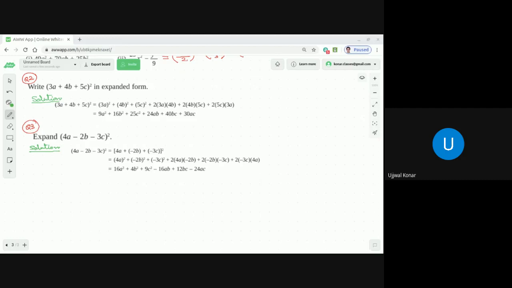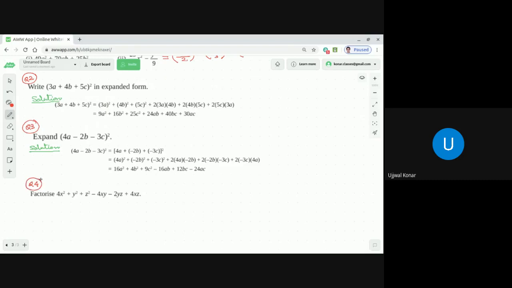So the next question I'm going to give you is that you need to factorize. So factorize means what, dear students?